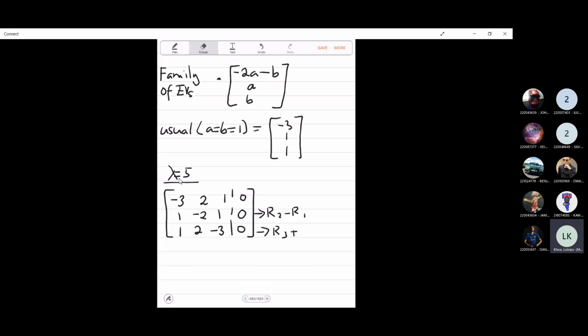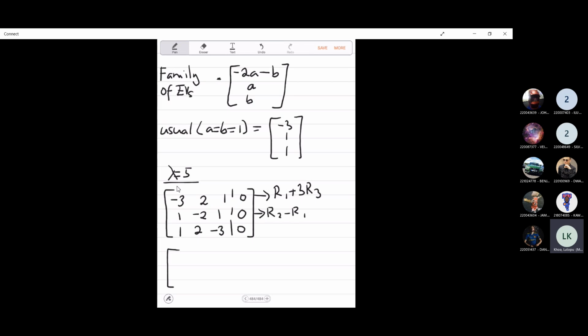Sorry, not this. So this one is row 1 plus 3 times row 3.